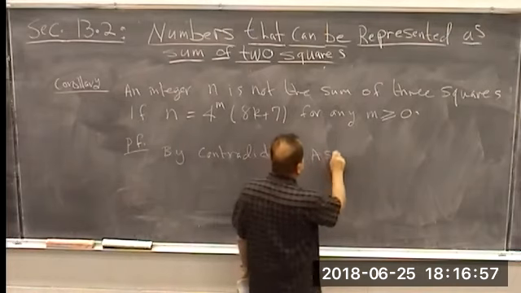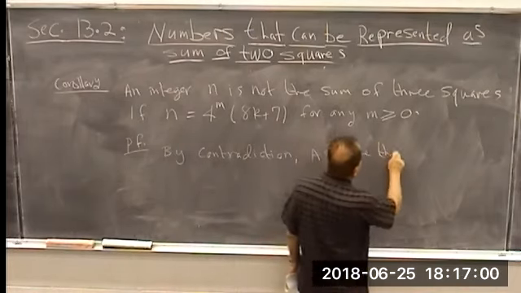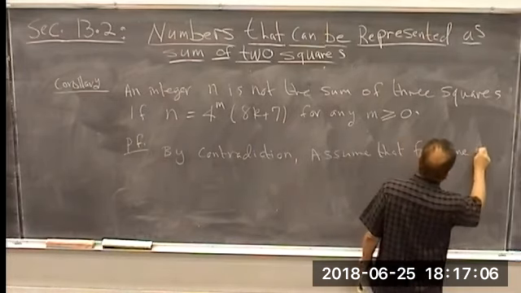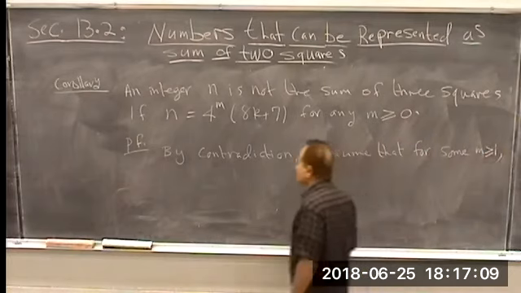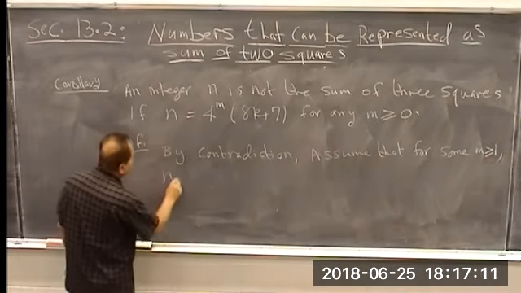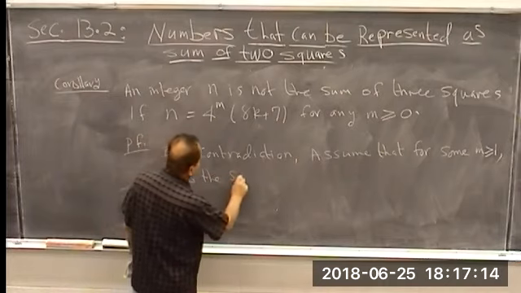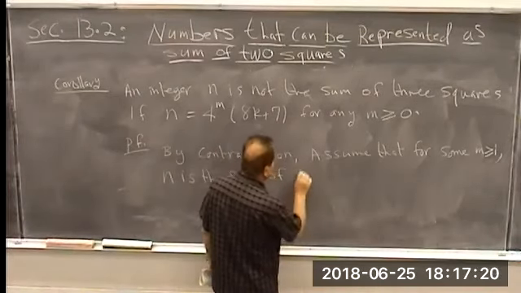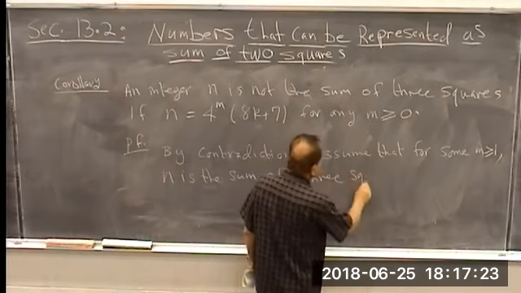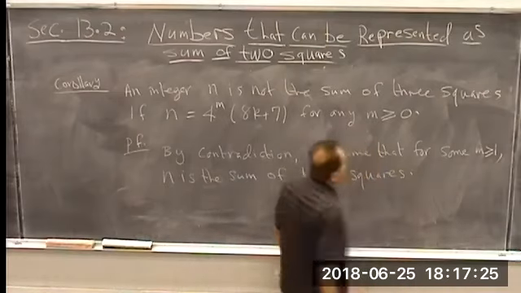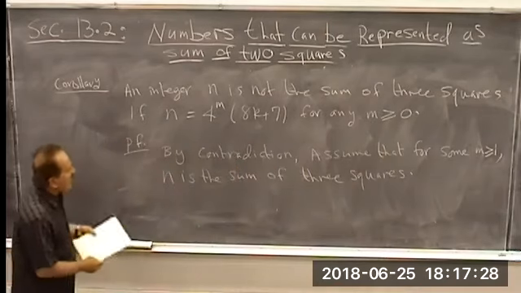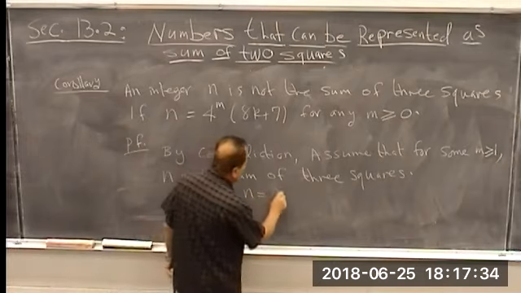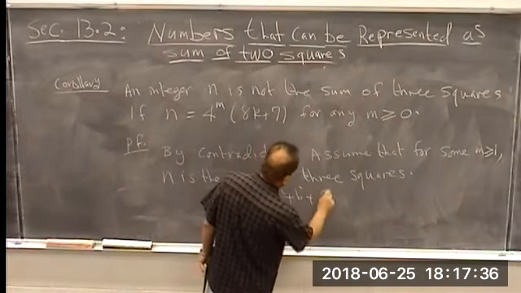Assume that for some m bigger than or equal to 1, n is the sum of 3 squares. The idea is again to look at n, which is equal to a squared plus b squared plus c squared.